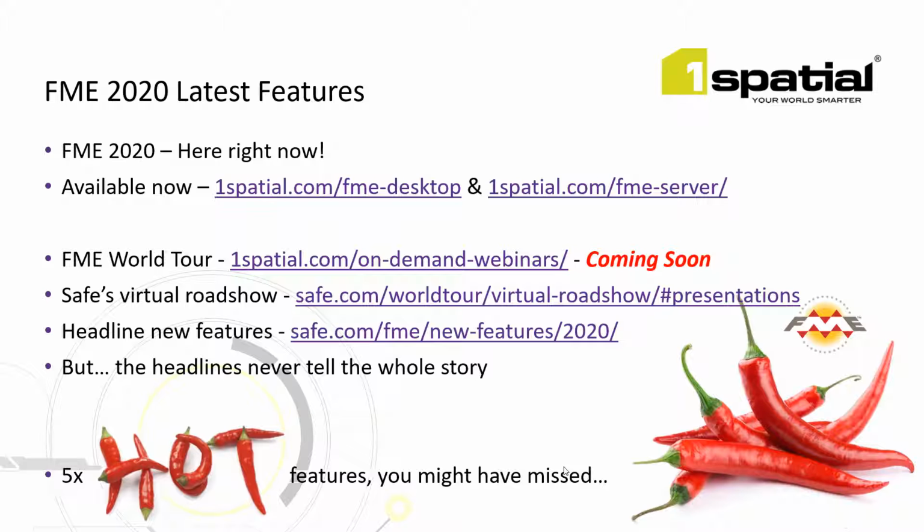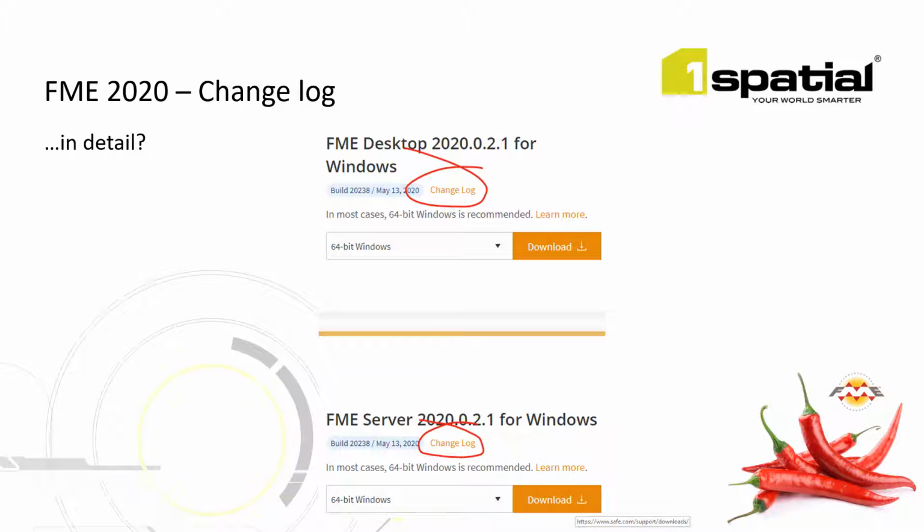Maybe Safe or ourselves haven't provided as much information as would be useful to you to date, or maybe it's just something that completely slipped by without getting any headline at all. So that's what the focus is for today, a little bit of extra detail. If you want to find out the detail, you're welcome to go and do that. You can just go and have a look at Safe's download page.